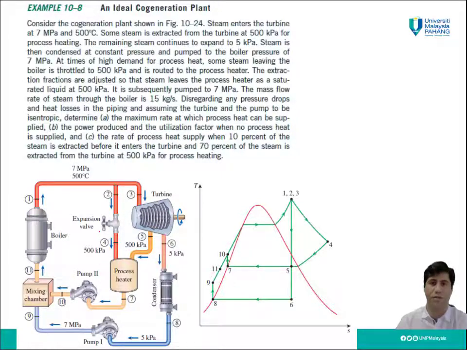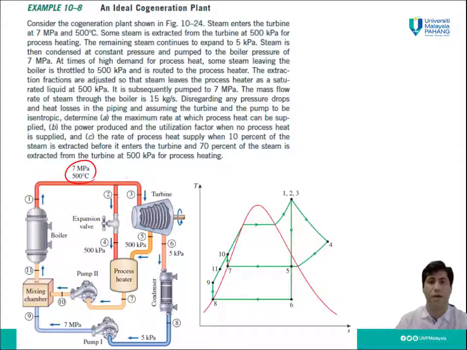to the turbine or to the process heater. Then steam enters the turbine at 7 megapascal. Steam after the boiler enters the turbine at 7 megapascal and its temperature is 500 degrees Celsius. Some steam is extracted from the turbine at 500 kilopascal for process heating.